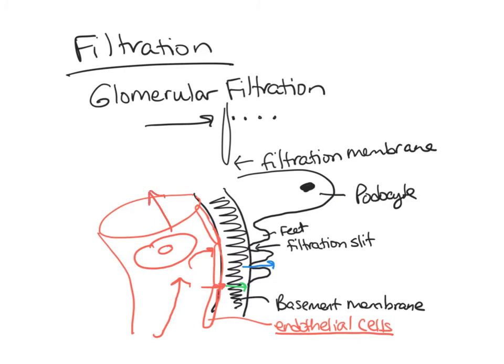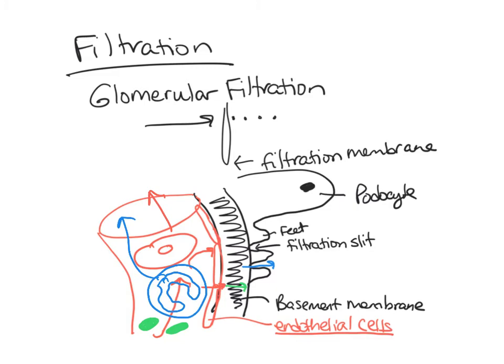We also have white blood cells, which are sometimes even bigger than the red blood cells, and so they're also going to continue on through the blood. Then we have plasma proteins, and the larger plasma proteins are not going to be able to make it through the endothelial cells, the basement membrane, or the filtration slits.